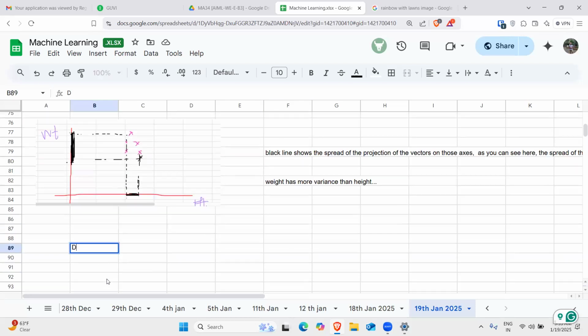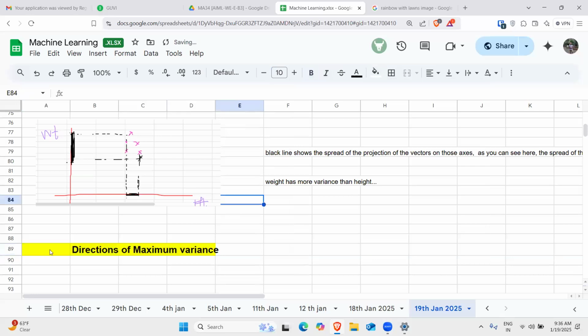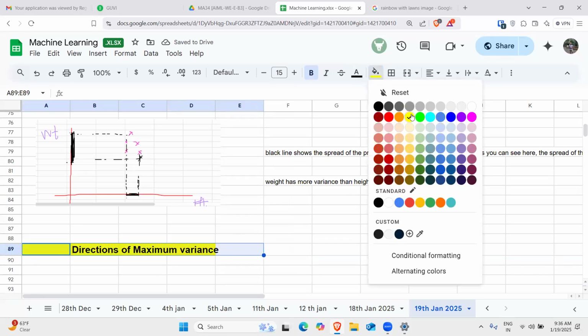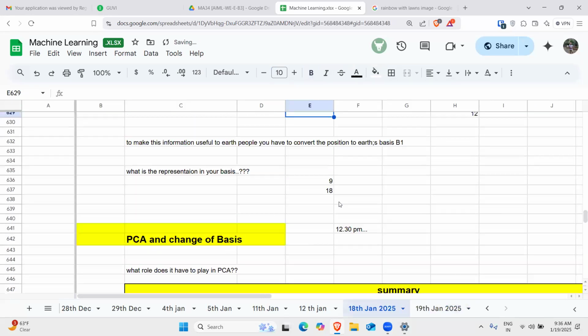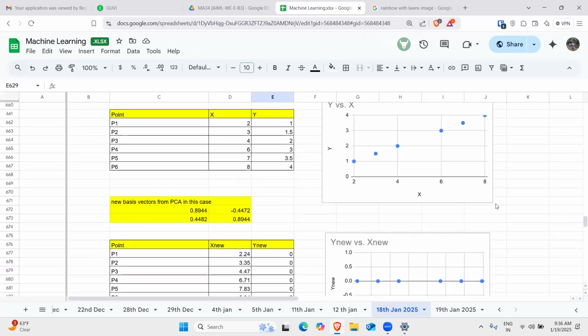Now, let's go with another topic, that is directions of maximum variance. You have understood the basis and change of basis. Let's try to relate it over here. Do you remember we have found the basis vector in the last session, the change of basis geometrical representation? Suppose this is your original axis. We are shifting this axis to like this.